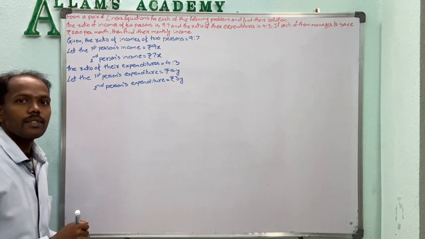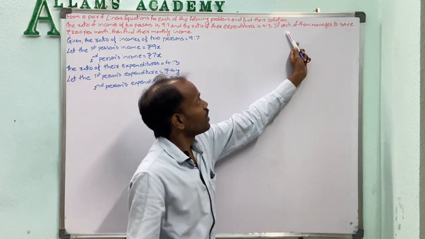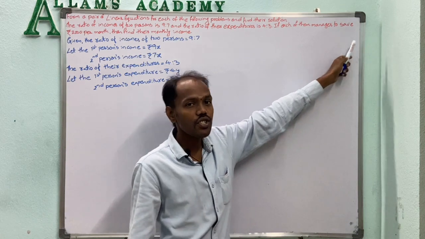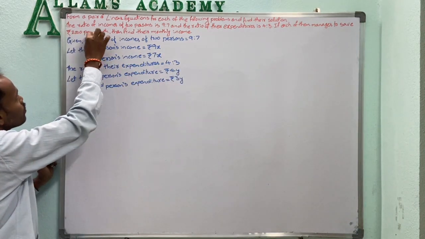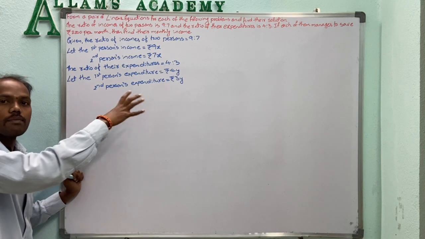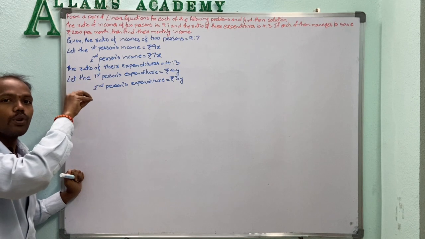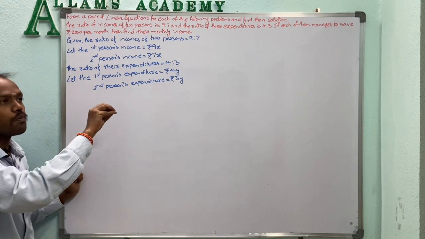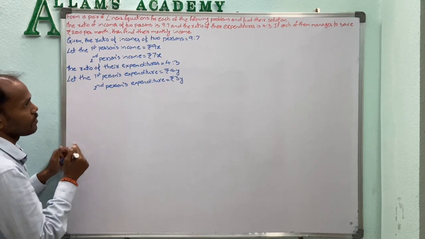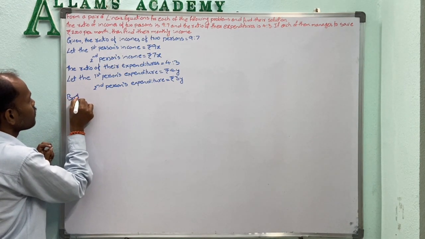And the third piece of information: if each of them manages to save rupees 2000 per month. Both persons' incomes are different and expenditures are different, but both save rupees 2000 per month.